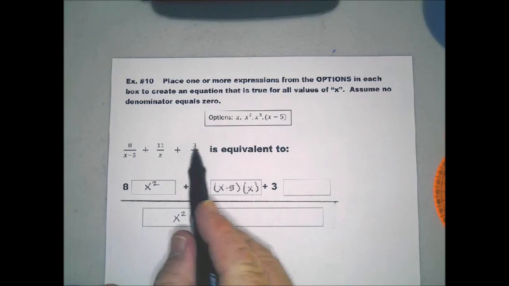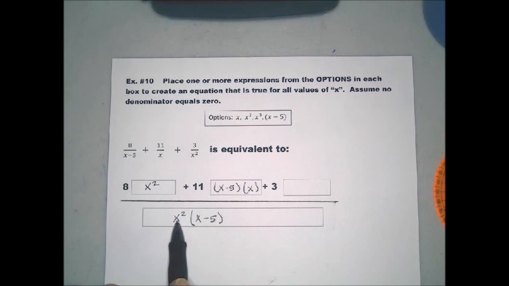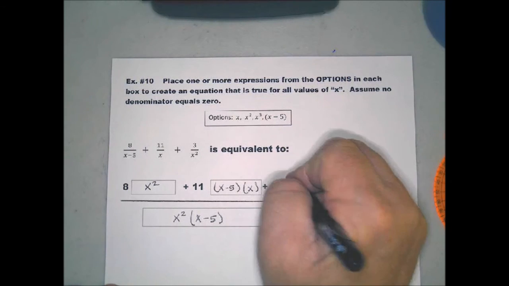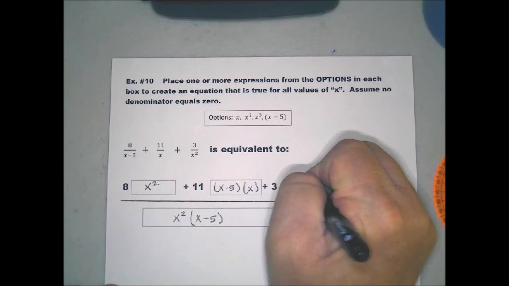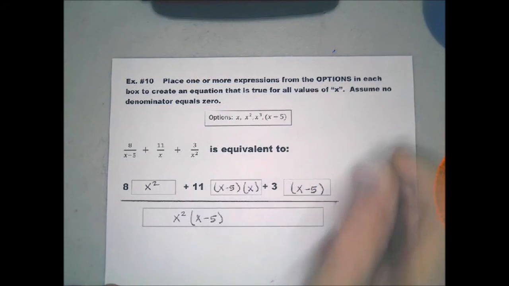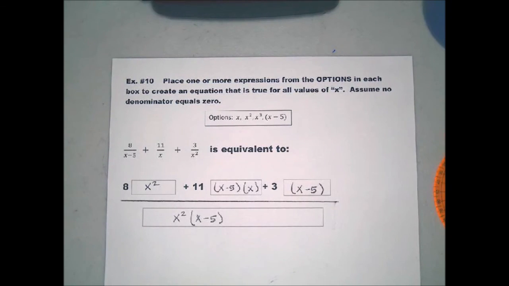Now the 3, the denominator for the 3 is the x squared. So the only thing the 3 needs to get multiplied to make it complete is the x minus 5. Now, the problem doesn't want you to do anything more than that. So that's the answer.